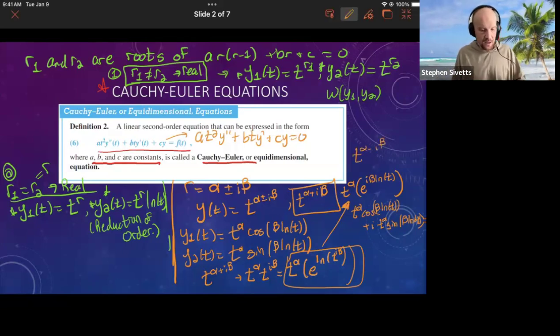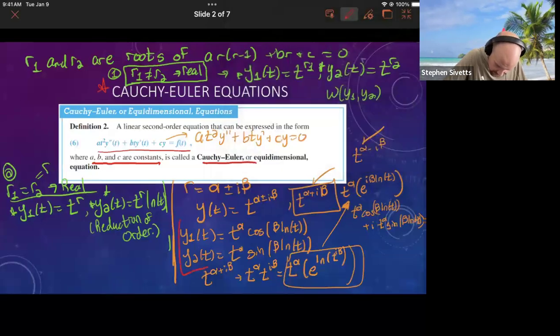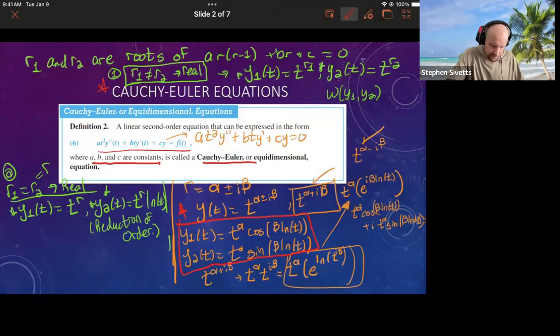And then you're just going to use a linear combination of the solutions of the differential equations generated by alpha plus i beta and alpha minus i beta here to get these fundamental solutions here. Okay. So that's sort of the overview of the type of solutions for a Cauchy-Euler equation.